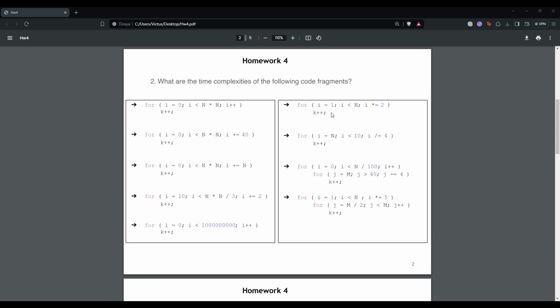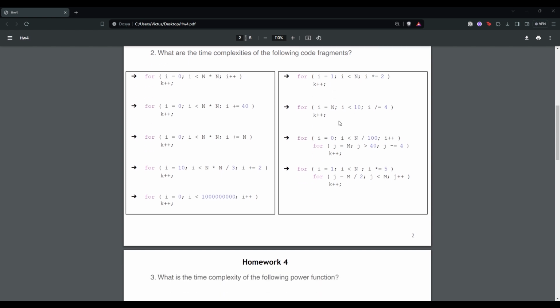It's just that. The sixth one: this loop doubles i in each iteration until it reaches n. The number of iterations needed to reach n from 1 by doubling is log n base 2.